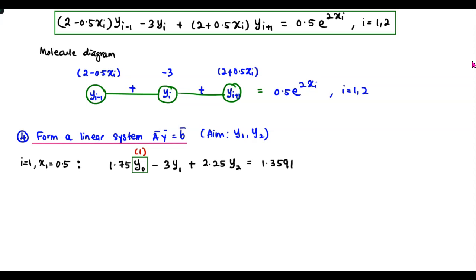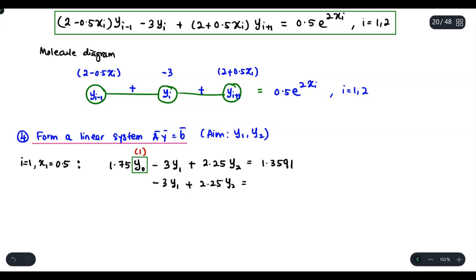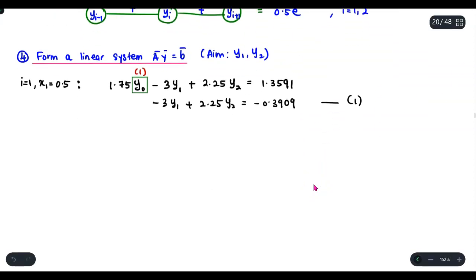By that you are going to have at the left negative 3y1 plus 2.25y2, and at the right hand side you will have negative 0.3909. So this is your first equation, remark as equation 1. That is when i equals 1.